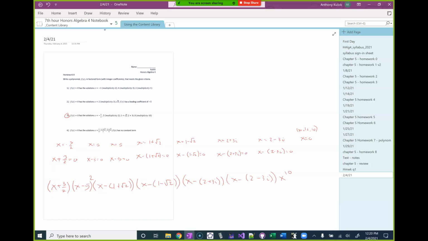So the goal here, it says I have to have integer coefficients. So right now, I can't make an argument that I'll have integer coefficients until each one of the factors has only integer coefficients. So one way to fix that would be to multiply these ones with the conjugate pairs together.